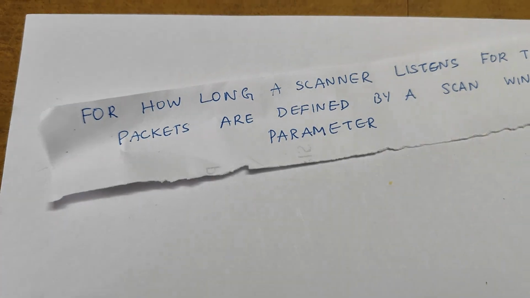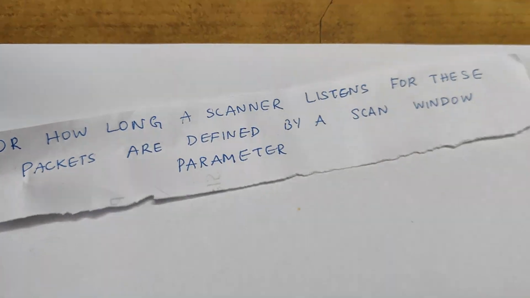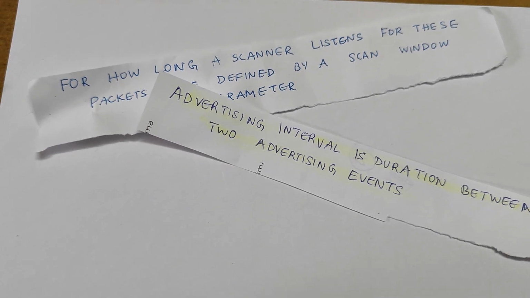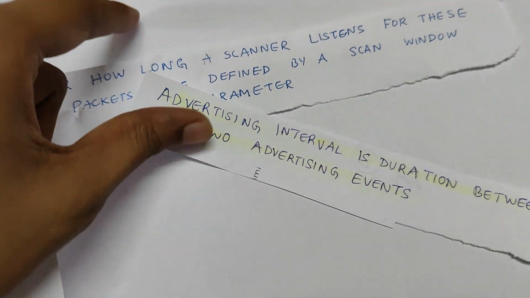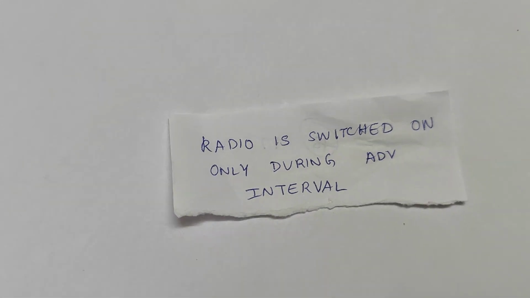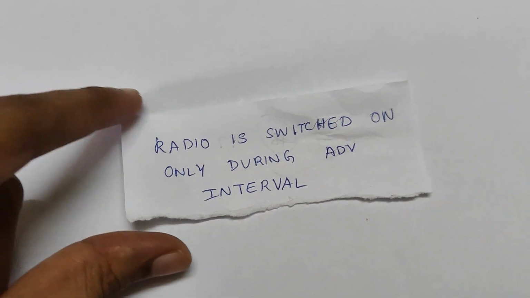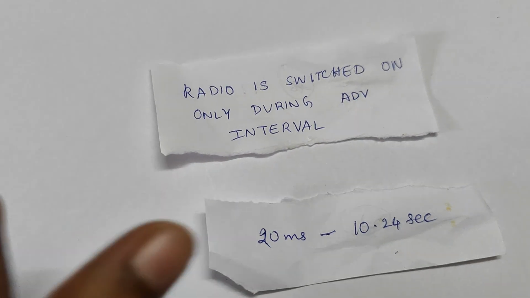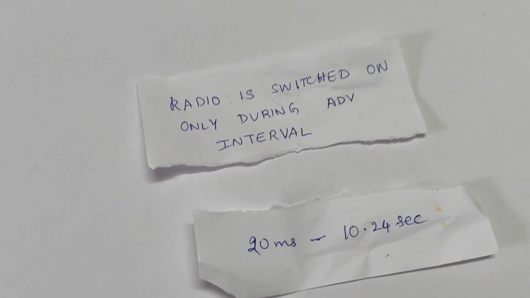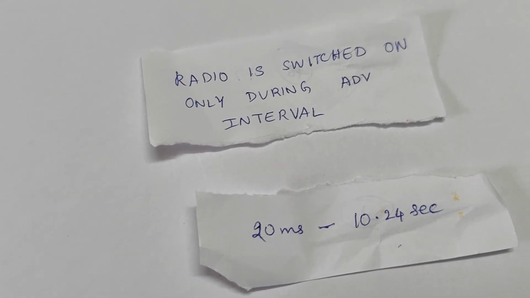These two parameters, the scan window and the scan interval, both define the amount of time for which the radio is on. So the radio is switched on during the scan interval only, and ideally the interval will be between 20 milliseconds and 10.24 seconds.